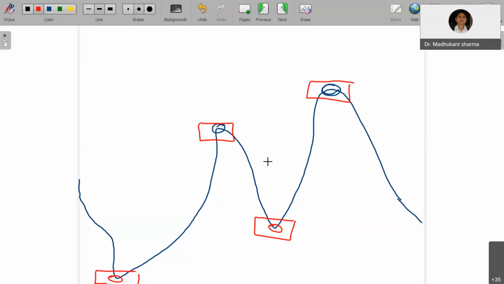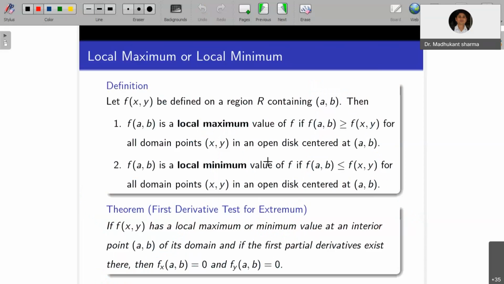Now, as we have discussed for the function of a single variable, you will have a similar flavor here. You will say it's a maximum or minimum if certain things happen. So here is the definition.